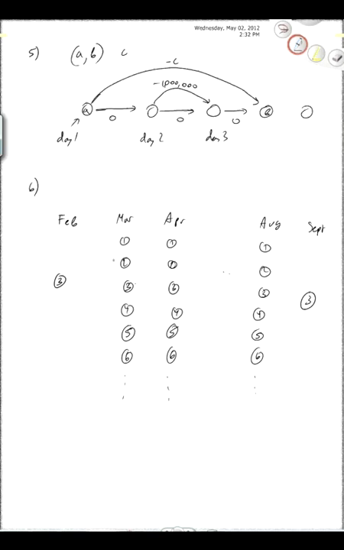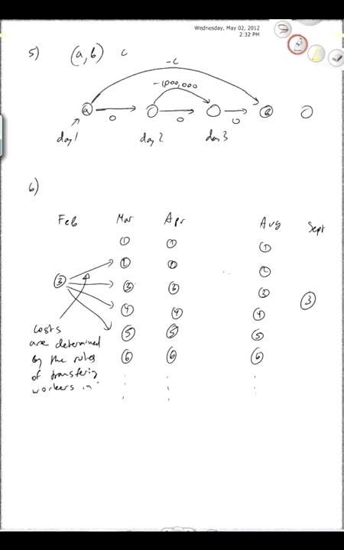So the idea here is that these are going to be our nodes, and the edges here correspond to the various actions that we have available. So the costs here are determined by the rules of transferring workers in and out of the site, and the penalties for being under the target.